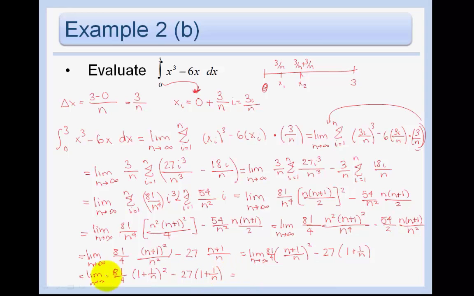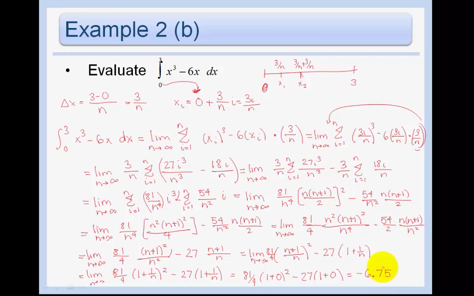And as n goes to infinity, 1 over something huge goes to 0. Sticking in, n goes to infinity. So I'm left with negative 6.75.